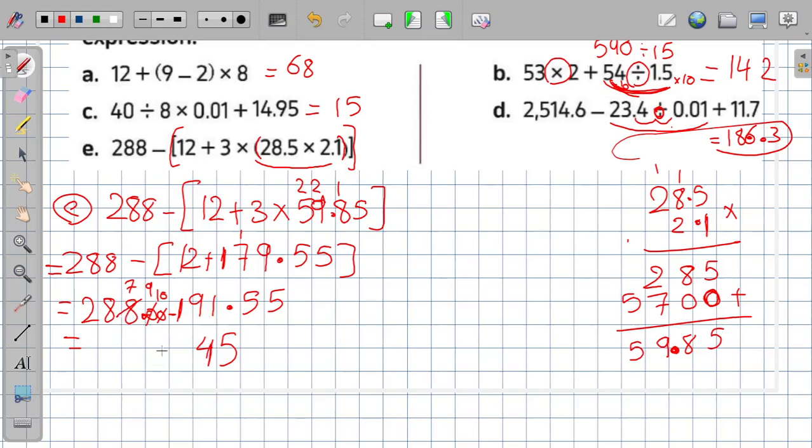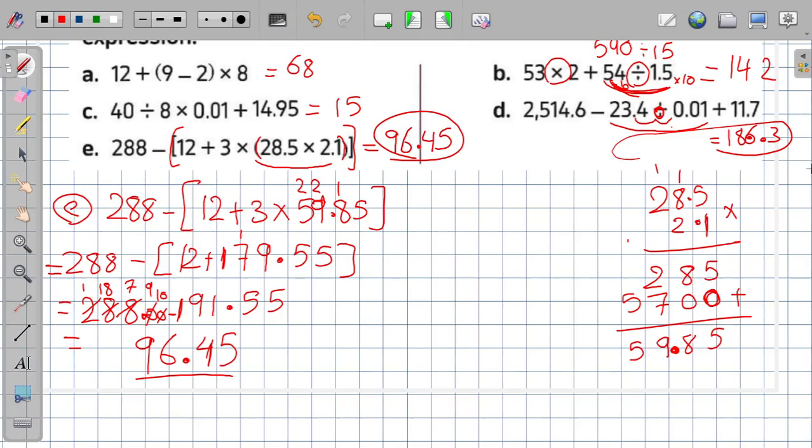And 7 minus 1 equals 6. But don't forget the decimal point. And 8 minus 9 it can't be. So I will borrow from 2, it becomes 1. And 8 becomes 18. So 18 minus 9 equals 9, and 1 minus 1 equals 0. So the final result will be 96.45. And this is the final result.